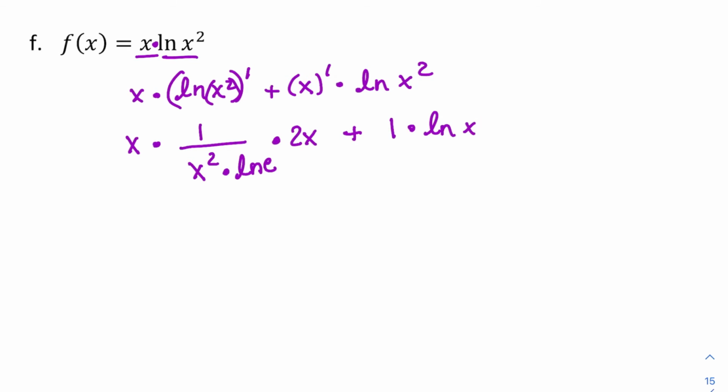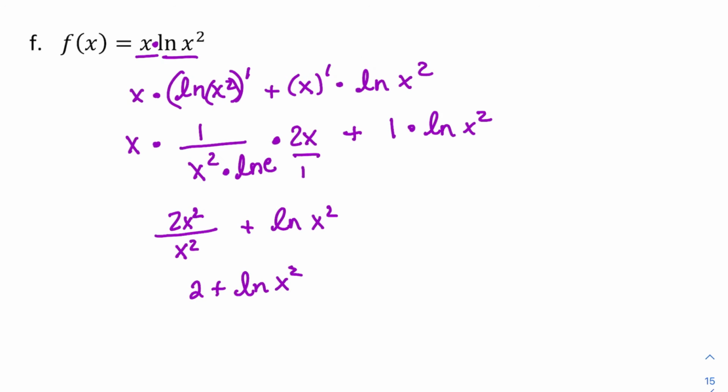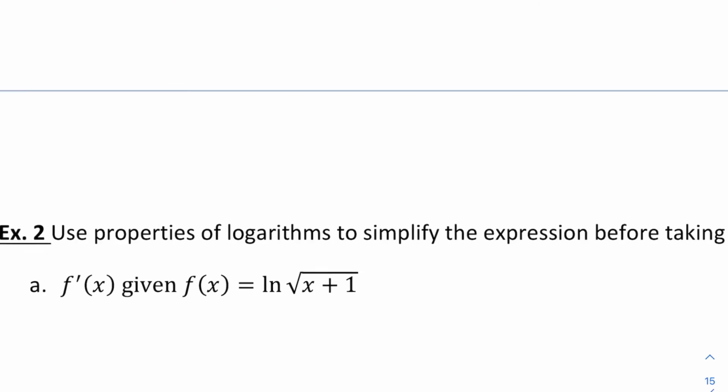And then I'm just going to have 1 times natural log of x squared. We could multiply some things together here. That'd give me 2x squared on top over x squared. And then I could divide out my x squareds and just have 2 plus natural log of x squared.